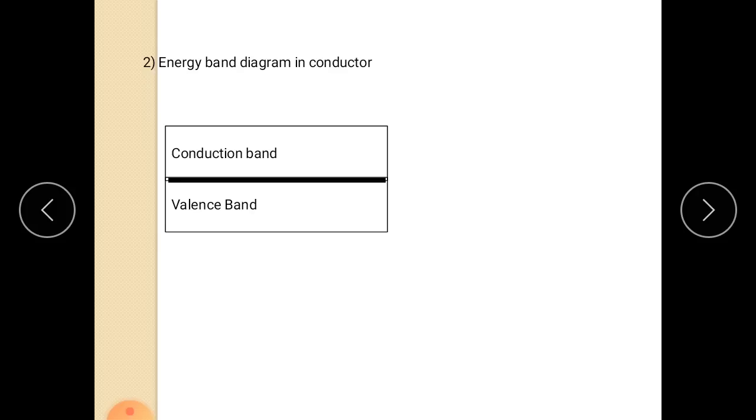Hence they can conduct the electric current. So this is the energy band diagram in conductors.